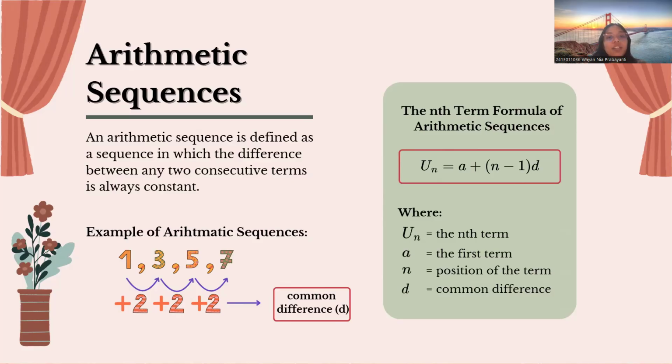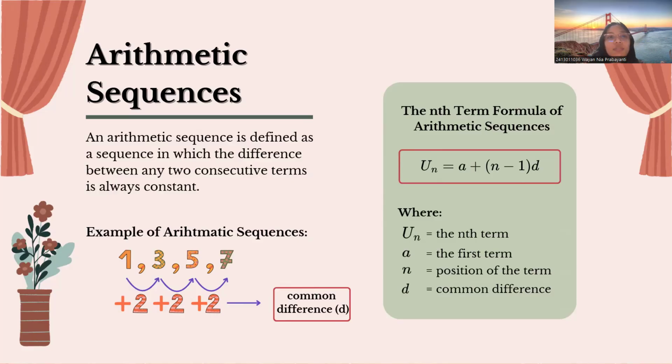For example, you can see on the screen, consider the sequence 1, 3, 5, and 7. To find the next term, we can just keep adding 2 to the previous term. That means the terms after 7 are 9, 11, 13, and so on. This is not a long sequence.